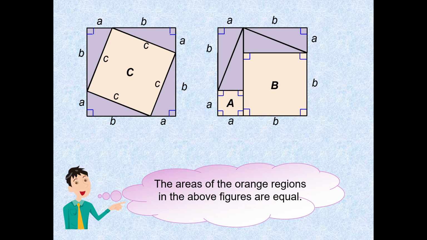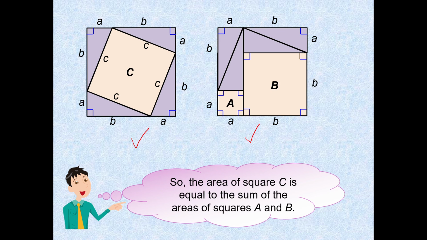Now, if you compare, this is our original figure, this is our new figure. The area of the orange part should be equal. As you can see, for the left hand side, the area of the square is C times C, C square.